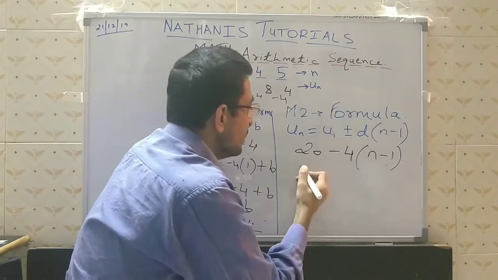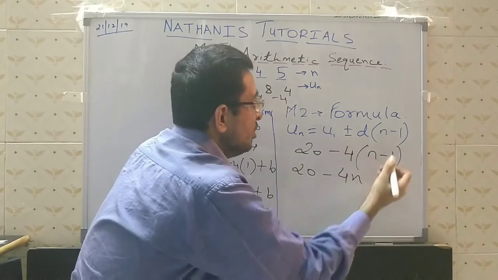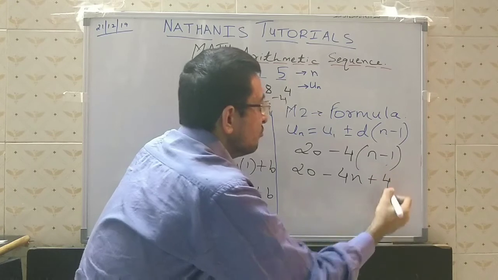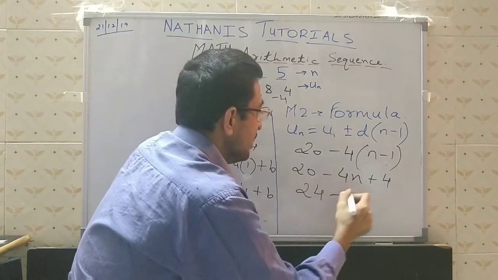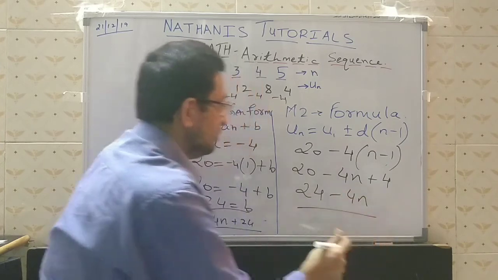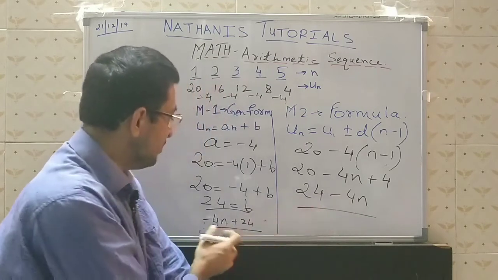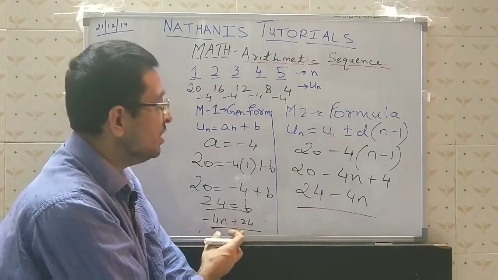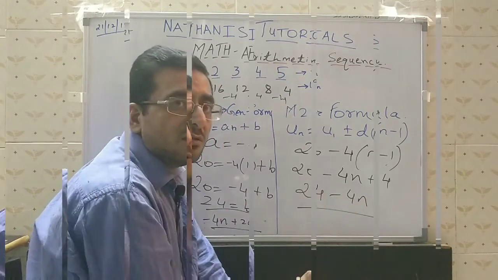Let's open the bracket. 20 minus 4n, minus 4 into minus 1 is plus 4. 20 plus 4 is 24 minus 4n. That's the nth term of the sequence. Same way as here, minus 4n plus 24 or 24 minus 4n is the nth term.